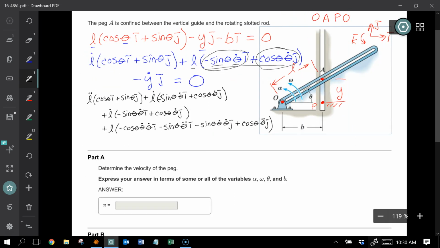All right, and then I've got this negative y, so take the derivative of that guy, and the derivative of 0 is still 0.